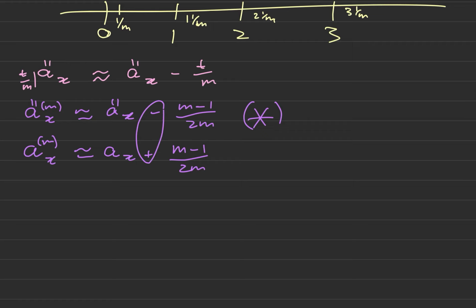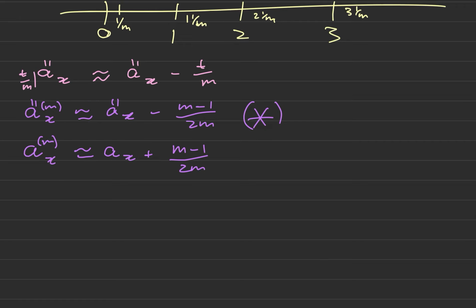Because the proof is so long, there's not really an intuitive way to think about this (m minus 1) over 2m, but there is a way to help you remember whether you should subtract or add for these approximations.